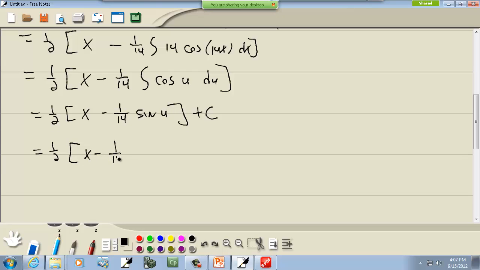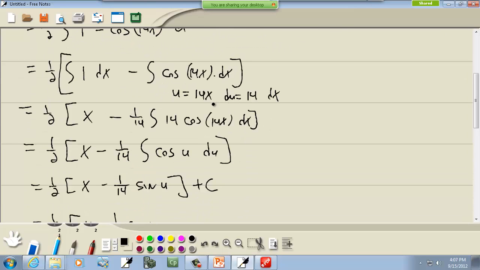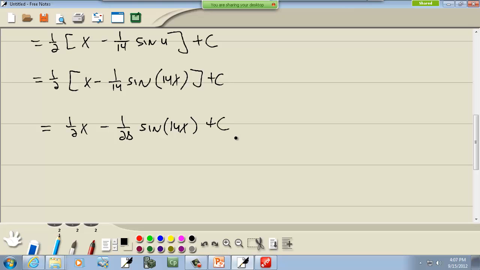And u, what did we say u was? u is 14x. So I'll go ahead and put the 14x in here, plus c. And multiply the 1/2 through, and we get 1/2 x minus 1 over 28 sine 14x plus c. And that's our answer.